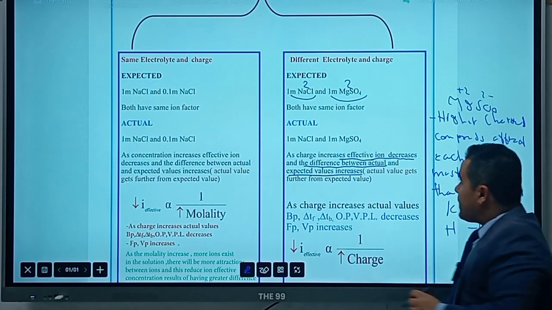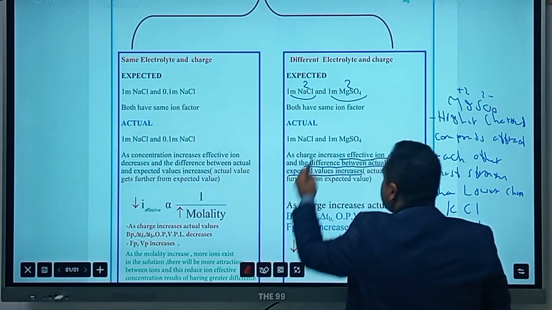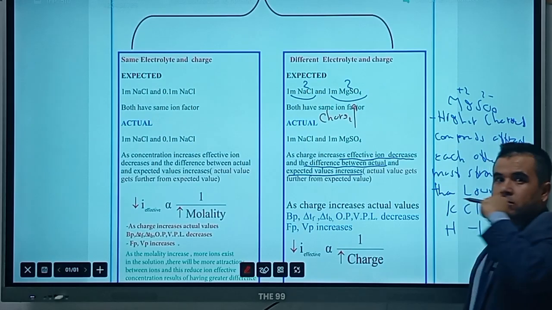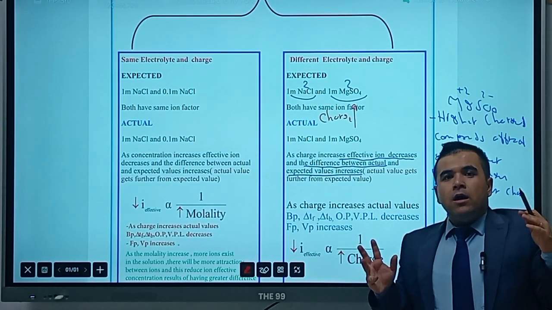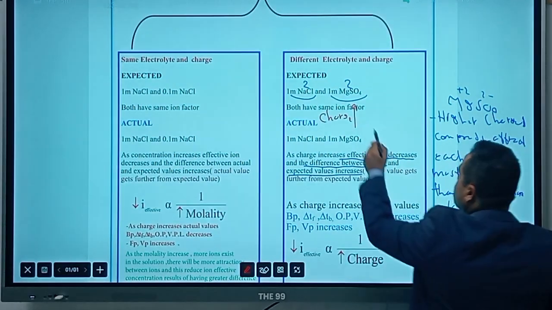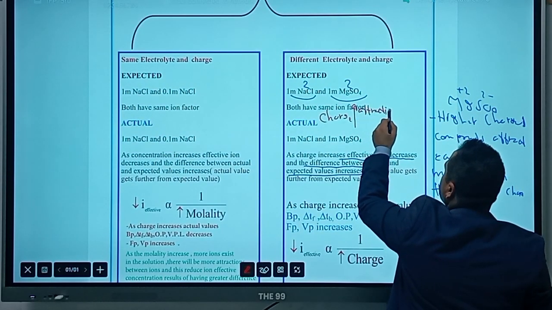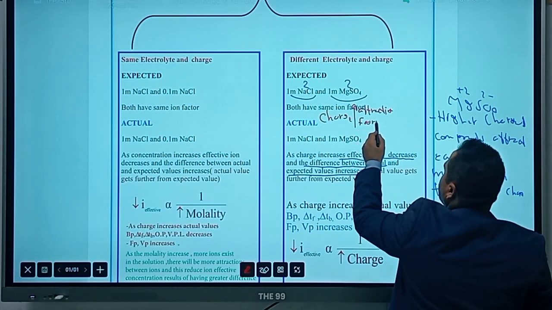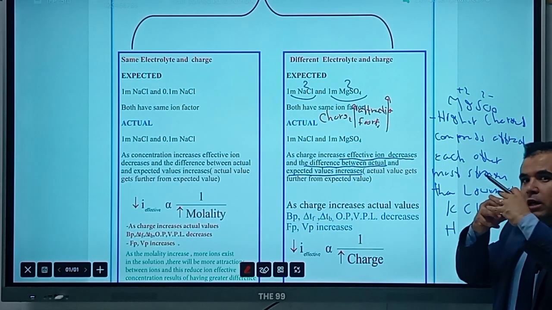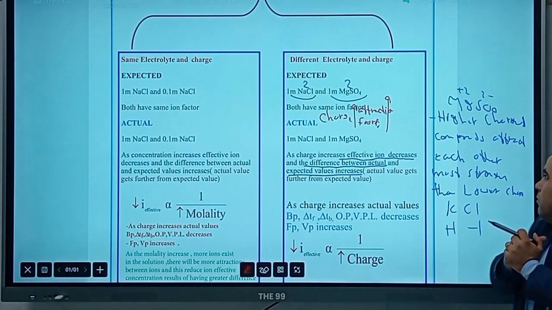So, guys, as the charge increases, let us conclude a statement. As the charge increases, there will be more attraction between the ions. So what will happen to the attraction force between the ions? The attraction force between the ions increases. The ions attract more. They become more clustered.